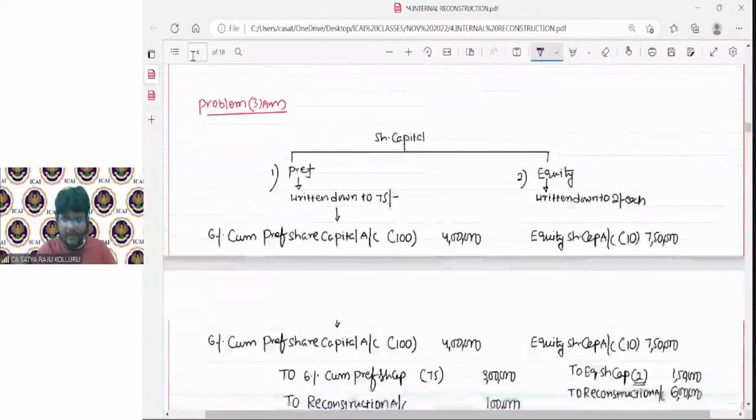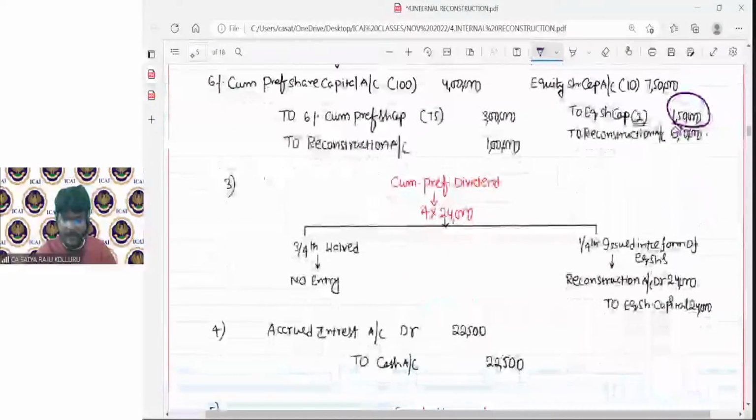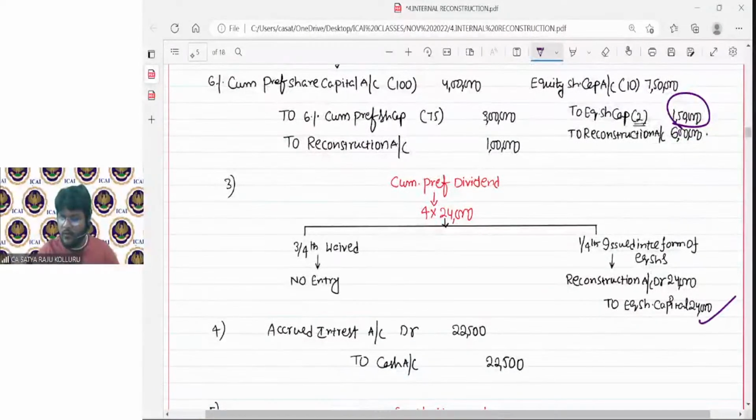Equity share capital. First, what is the impact in the first entry? There is no equity share capital. Second entry, equity share capital credit how much? Credit 1,50,000. Please consider that one as well. Third entry, 24,000.